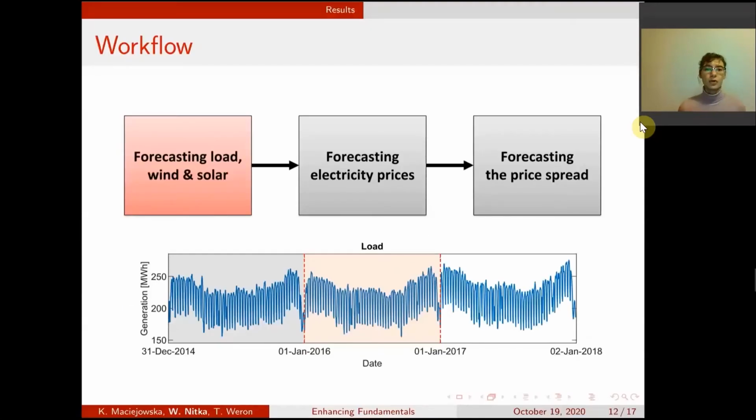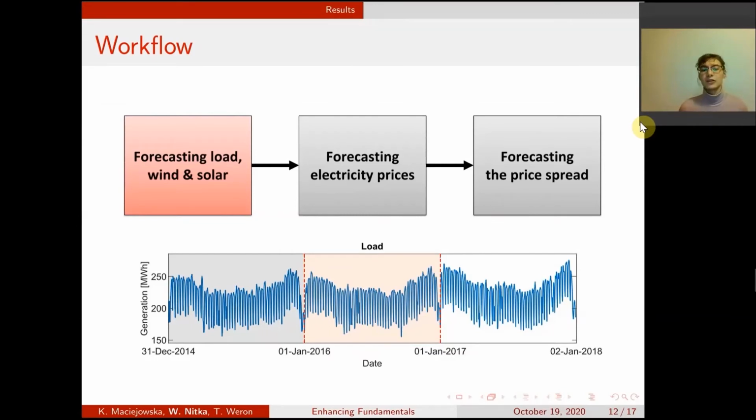So now for the results. We have 3 distinct components to this research. And so we have divided our data into three periods of equal length. Each of those is 1 year long.